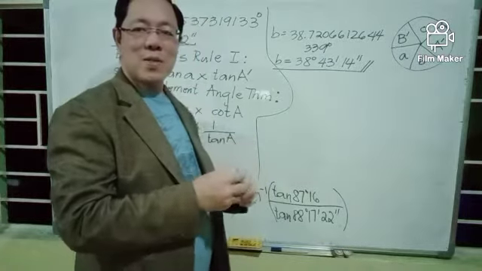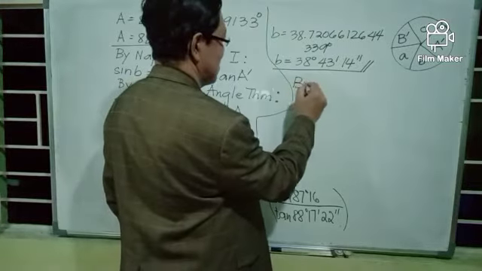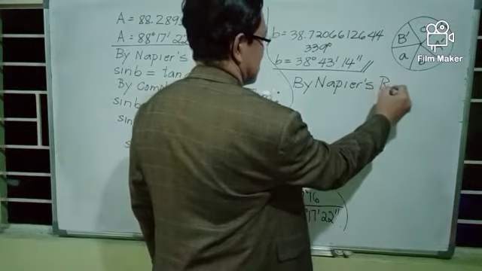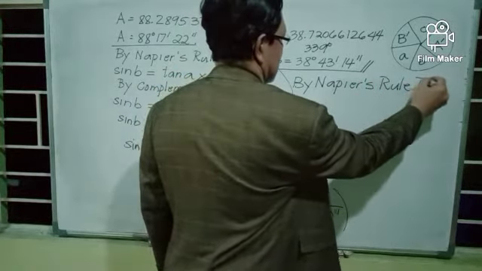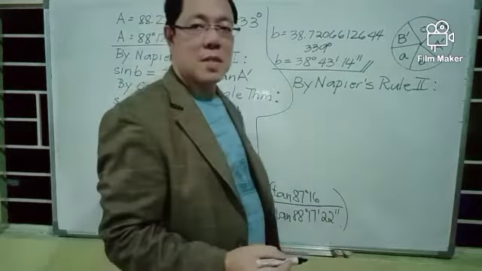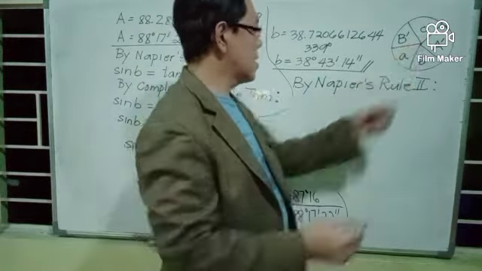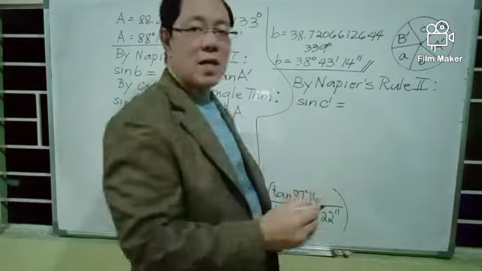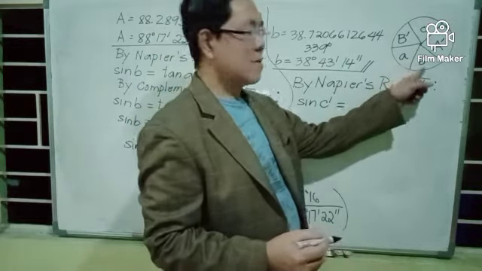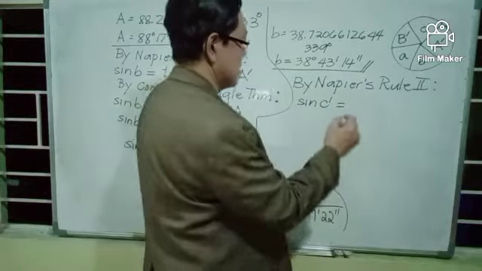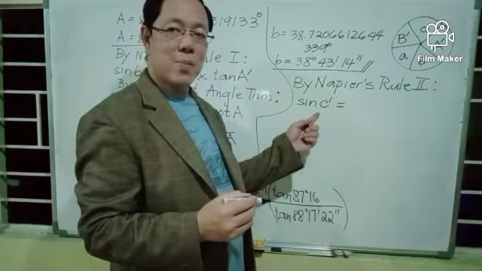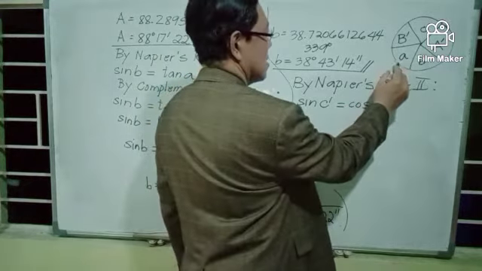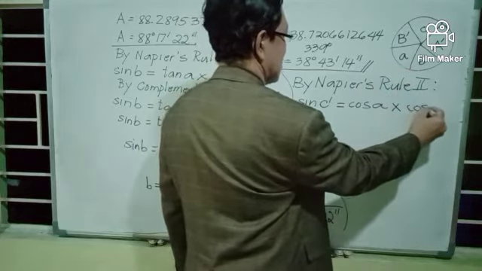We write by Napier's rule number 2 that says the sine of the middle part, sine of small c prime, is equal to the product of the cosines of the opposite parts. Hence, sine of small c prime equals cosine of small a multiplied by cosine of small b.